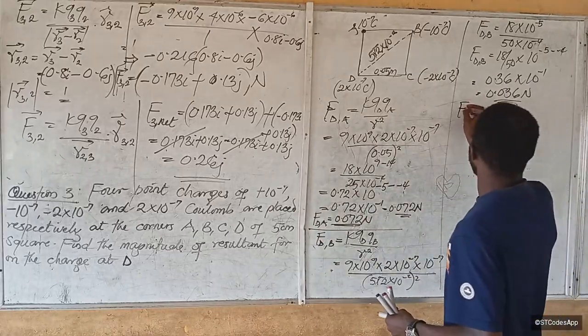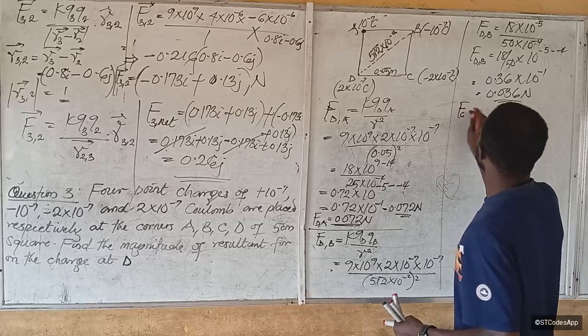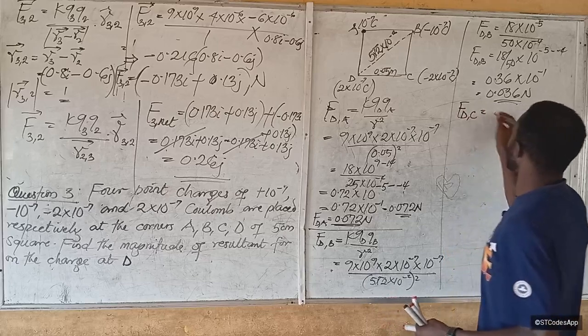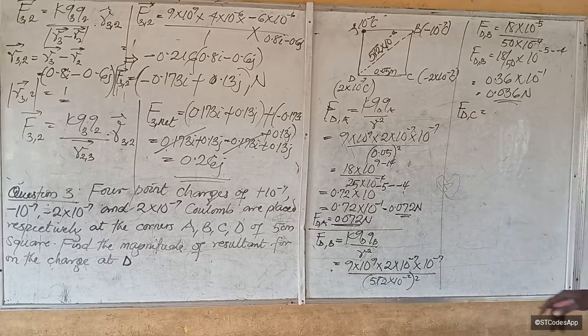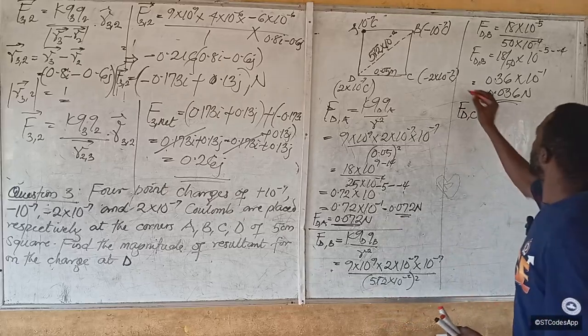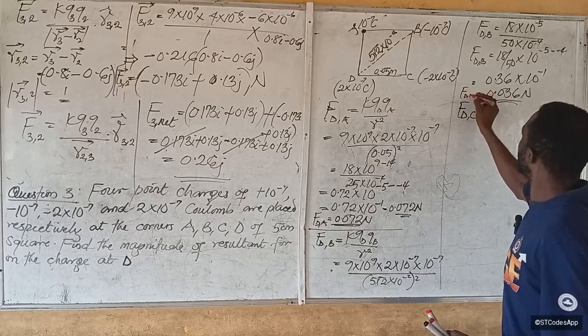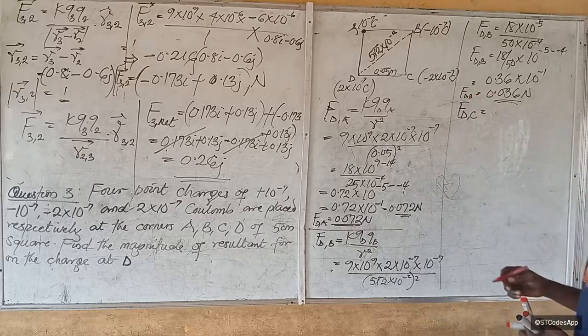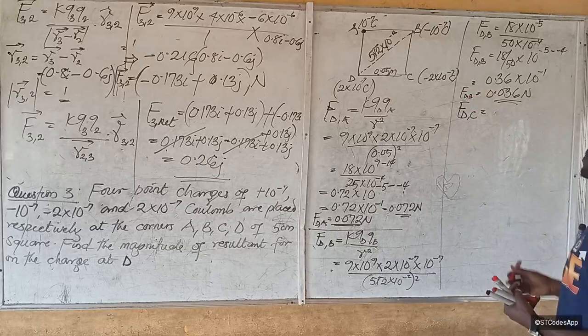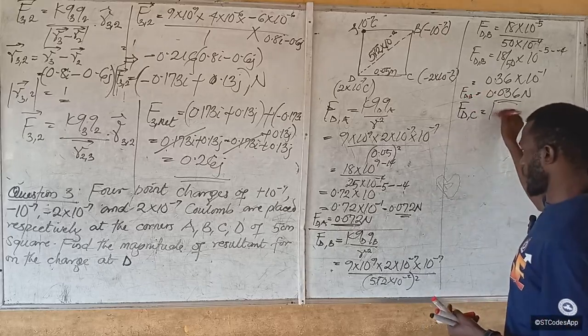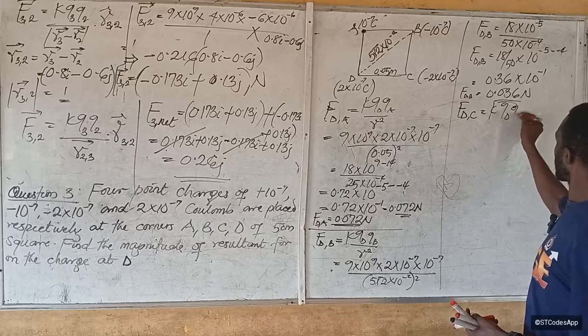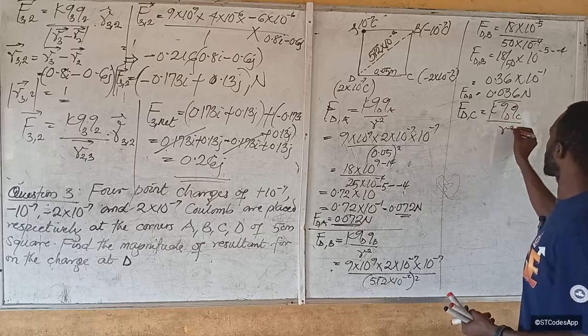Now what will be FDC, force on D due to C. Force on D due to C will be equal to KQD QC over R squared.